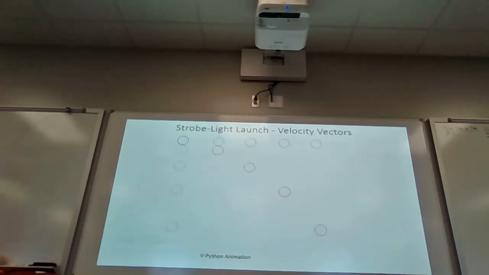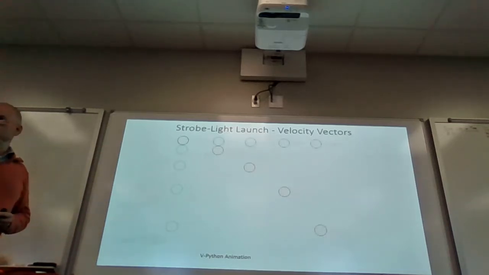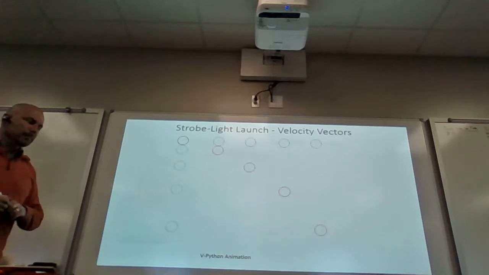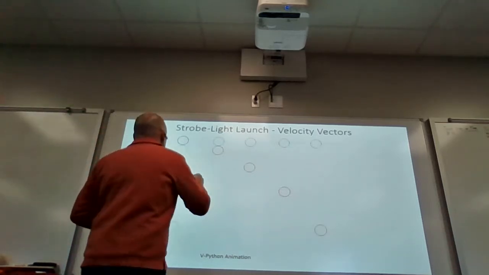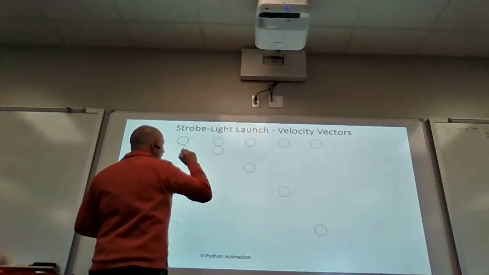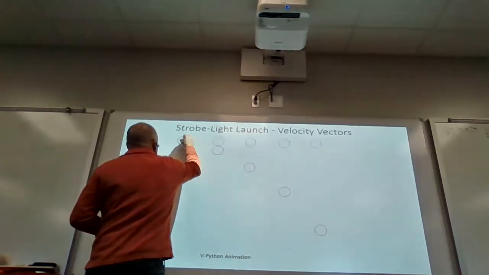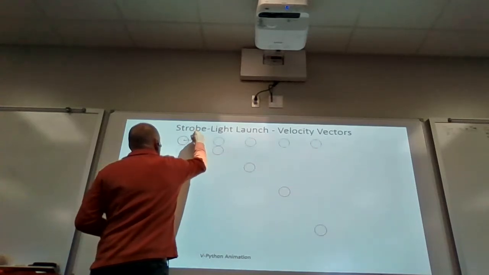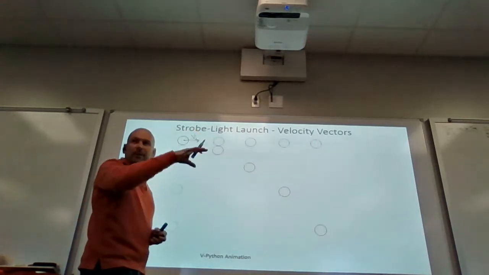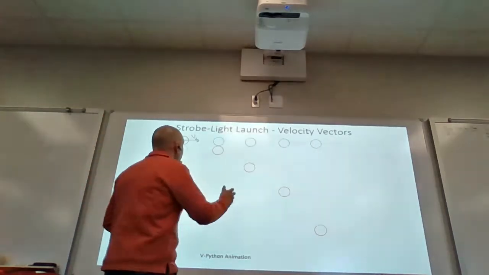Okay. So if we were able to look at this car in a strobe light, here's what we would see. So these vectors are not forces; they're velocity. Okay. So you have this initial velocity going off the cliff, or a ball off of a launcher or something.